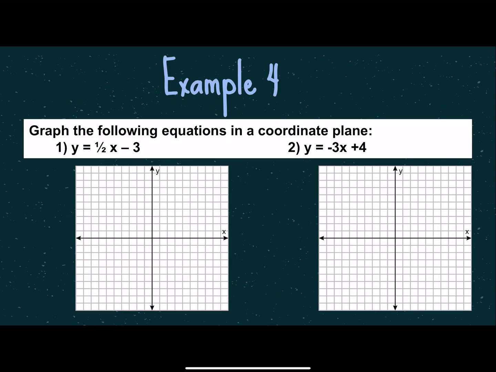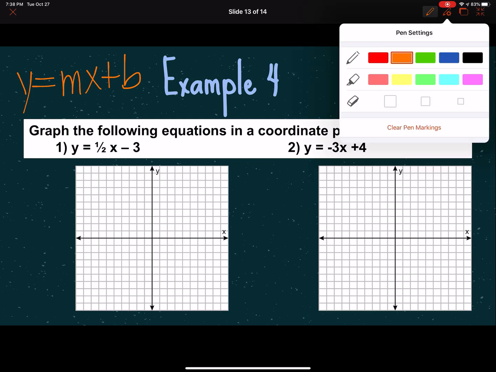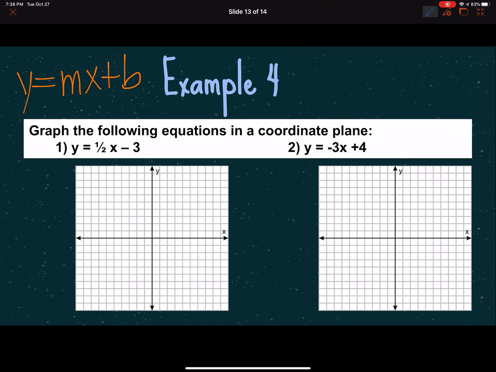Okay, example 4. Example 4 says, graph the following equations in a coordinate plane. If you look at the equation in number 1, we have the equation already in slope-intercept form. Remember, m is my slope, b is my y-intercept.